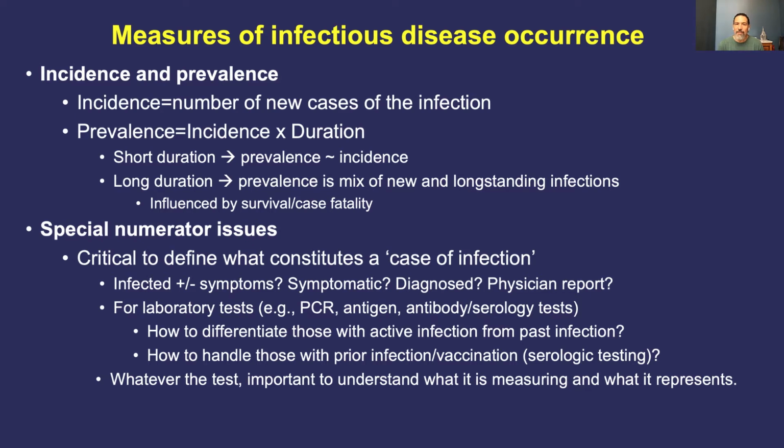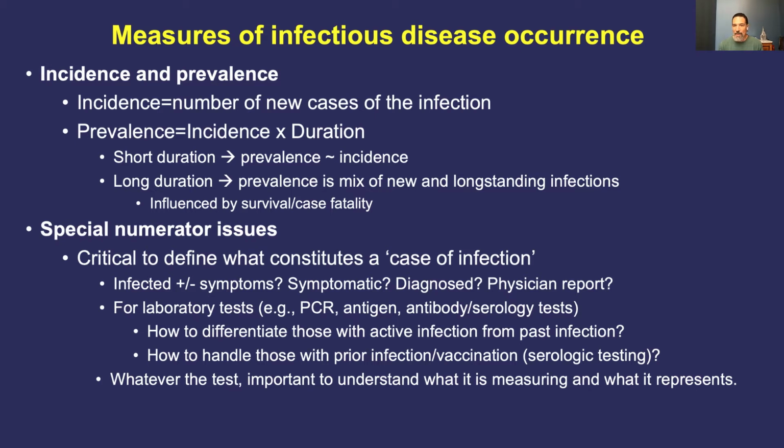But when the duration of the infection is long, prevalent cases in the population represent a mix of people with new and long-standing infection. Duration of infection can be influenced by the natural history of the infection, including its survival, whether there's a chronic carrier state, and also whether or not there are treatments that can cure the infection.